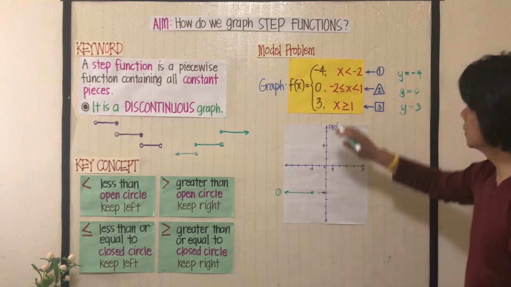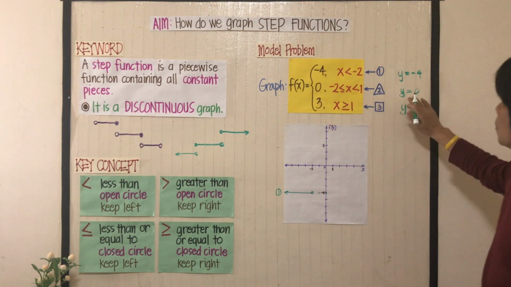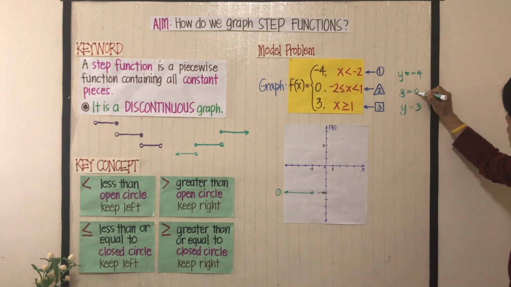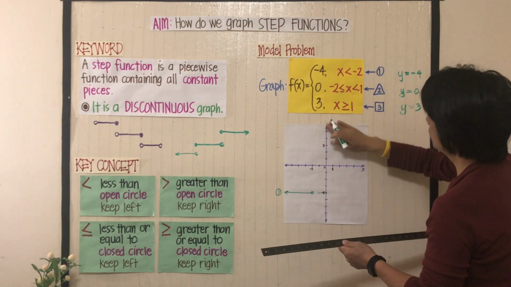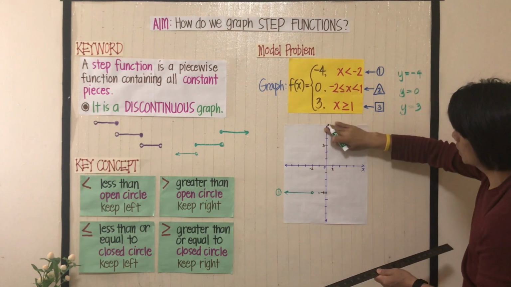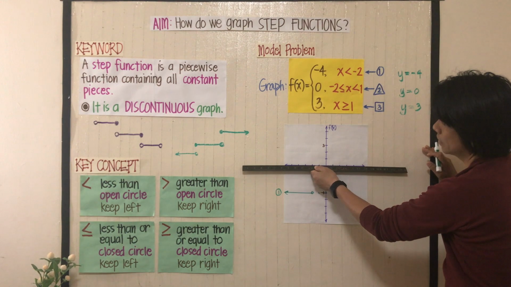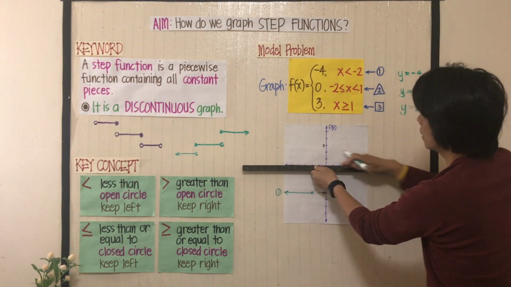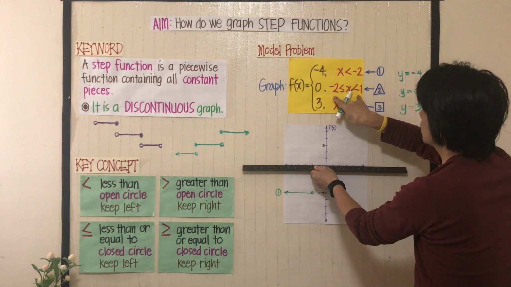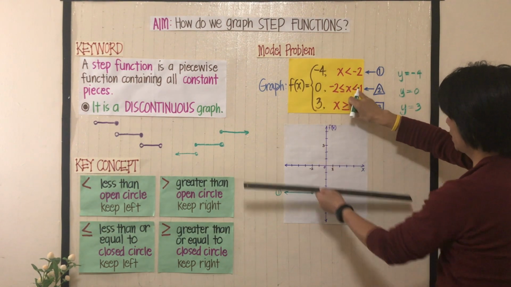Now let's take a look at the second part of the step function. F of x is equal to 0, or y is equal to 0, as I mentioned earlier. So meaning, you look at the y-axis, where is that 0? On the x-axis itself. So imagine the line would be here. However, because of this constraint, it says from -2 to +1.